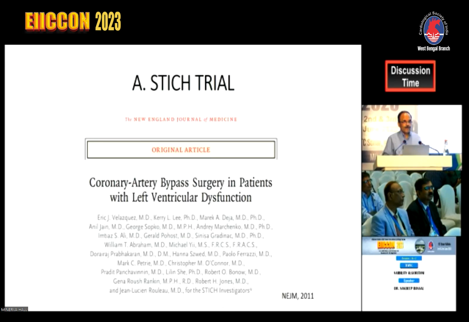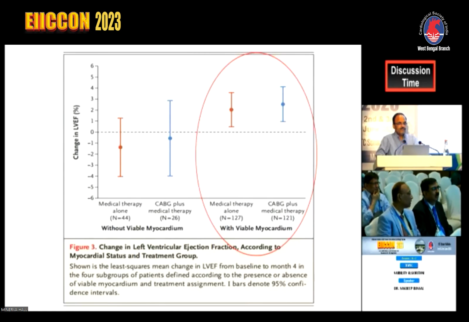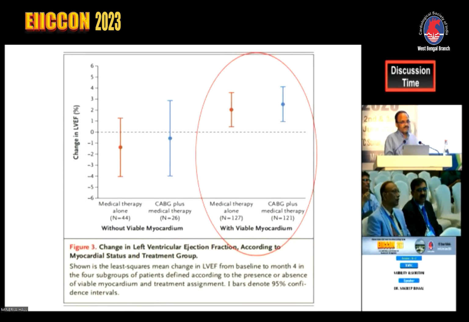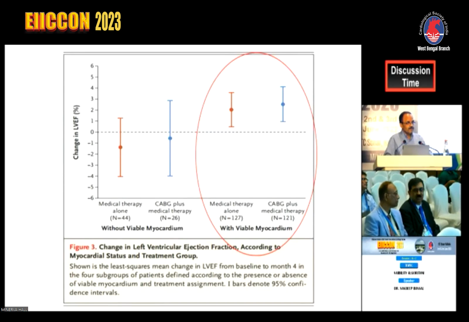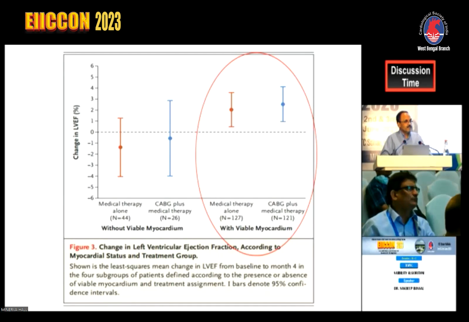Now, the most often discussed trial for viability, I would say, is the STICH trial. In the STICH trial, what they had done is taken patients with left ventricular dysfunction, subjected them to medical therapy or coronary artery bypass grafting. In a percentage of people, about 40% of them, they actually did viability studies.